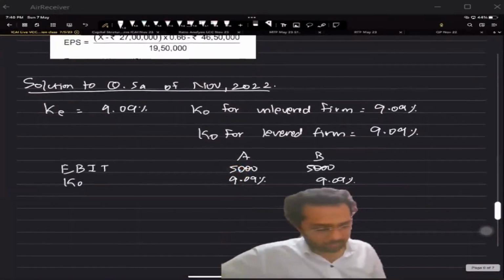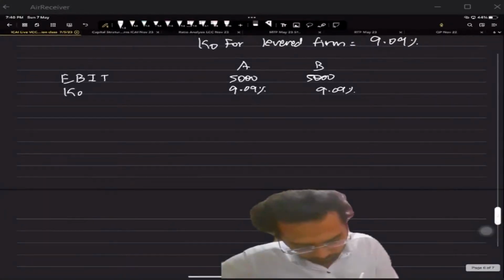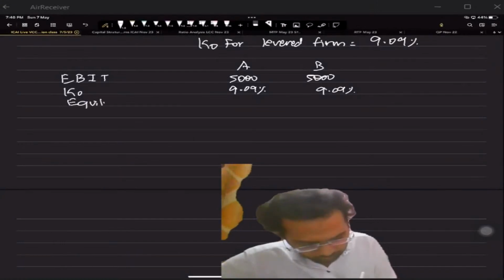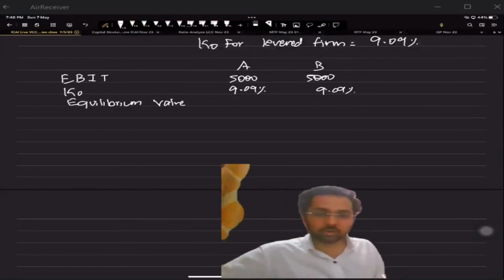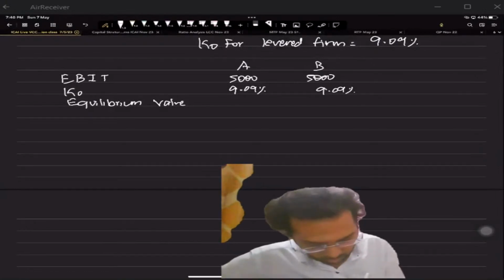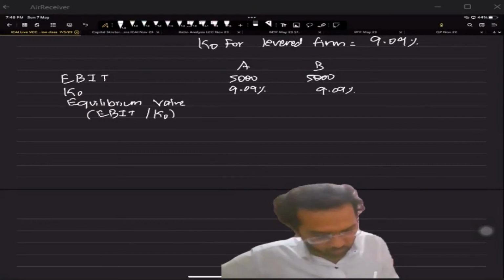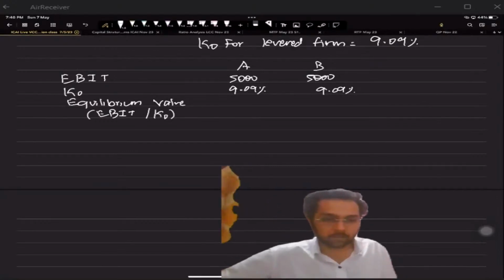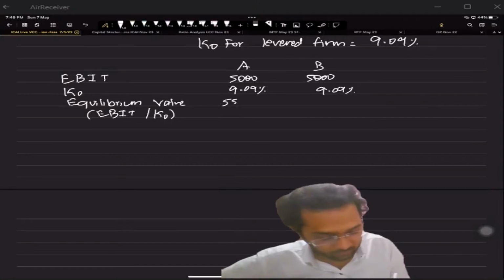So we say equilibrium value. Equilibrium value will be simply your EBIT divided by KO. 5 lakh divided by 9.09, which is 55,005.